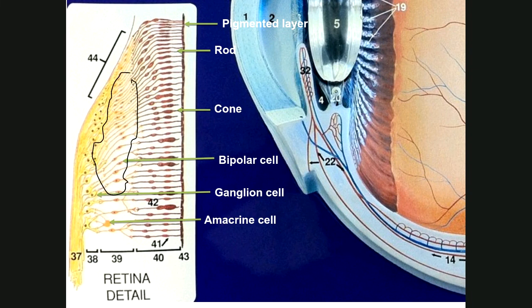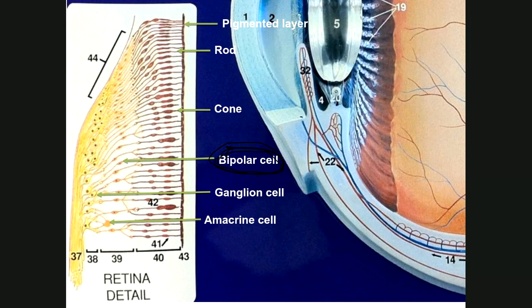If you remember from A&P1, we talked about neurons. Remember they were categorized by shape. We had unipolar, bipolar, and multipolar neurons. Bipolar are only found in the special senses, so they're only found in the eye and the ear and nose and mouth. That's it. But there they are right there. Those are the bipolar cells.